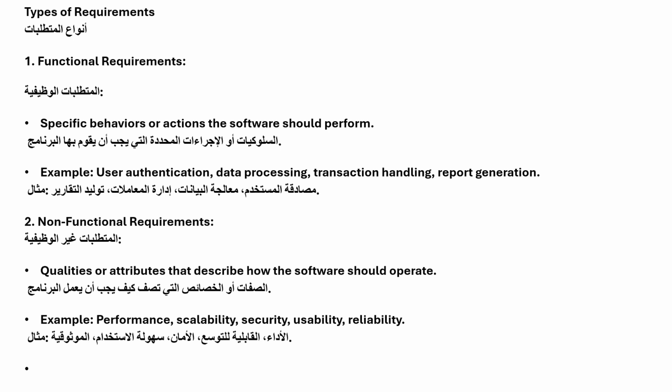Is it going to be 24 hours, 7 days a week? Reliability, how reliable is the system? So anything in these areas, performance, scalability, security, usability, and reliability, are non-functional requirements. But functional requirements are about behavior, what the system is going to do.